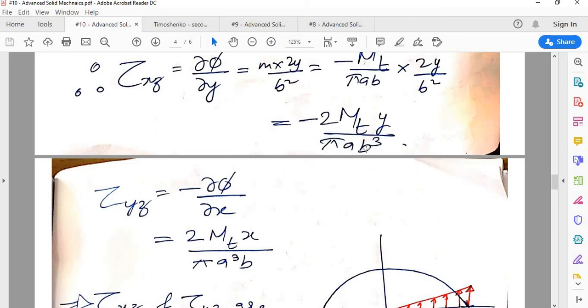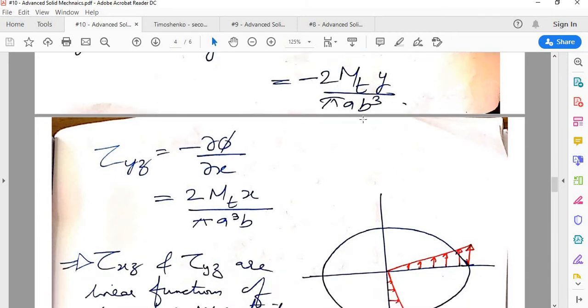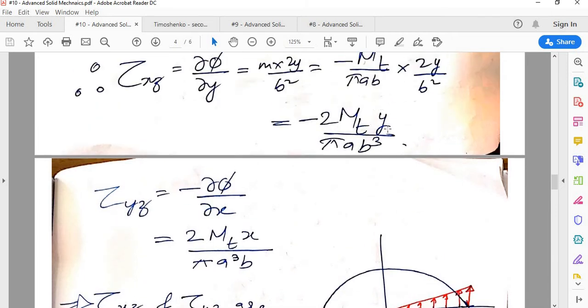Remember, there is a b cube and a cube b. First of all, the maximum will be at the extreme end, so at y equal to b and x equal to a. Further, here you have b cube in the expression for tau xz, which means tau xz will be lesser than tau yz. So the maximum shear stress will be tau xz at y equal to b.